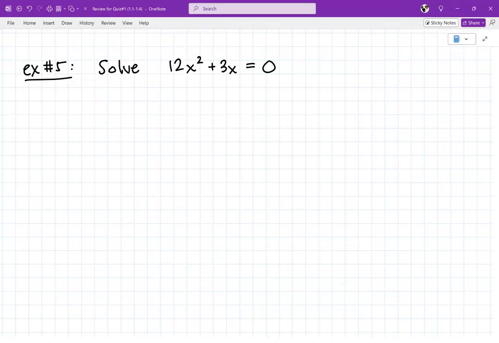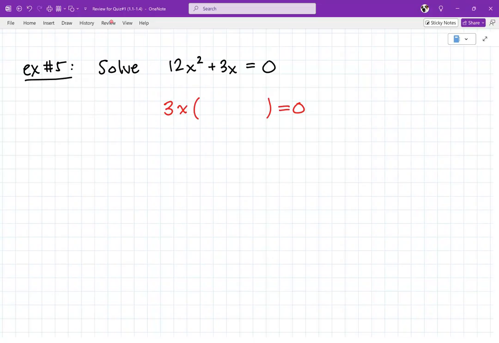Or it's a common factor. Well, do they have a number that can divide both 12 and 3? Yeah, 3. Do they have a letter that can be taken out from both of those terms? An x. So I know a 3 can divide them. I know an x can be taken out. Remember, to factor means to divide, right?